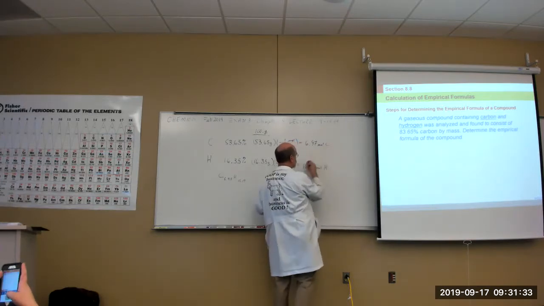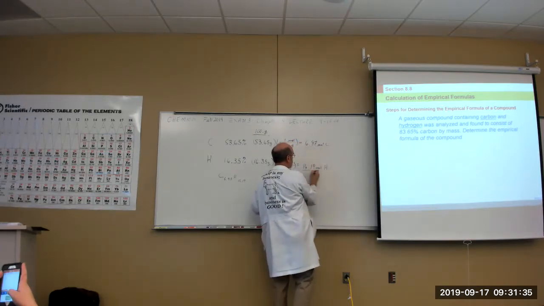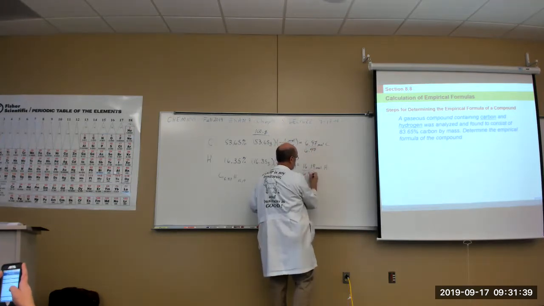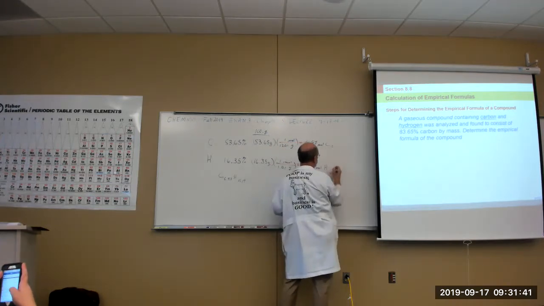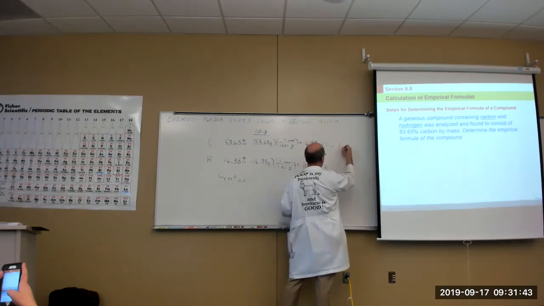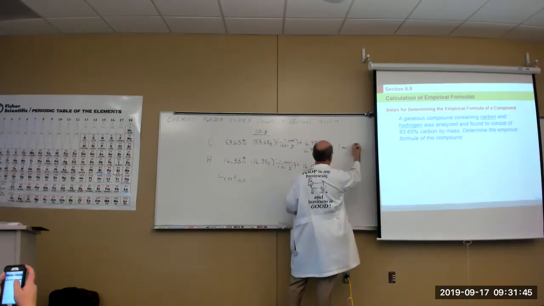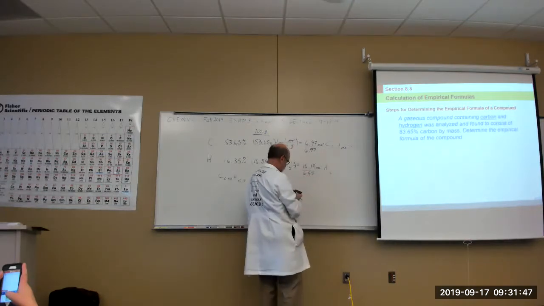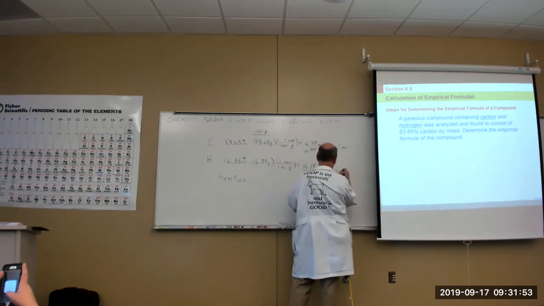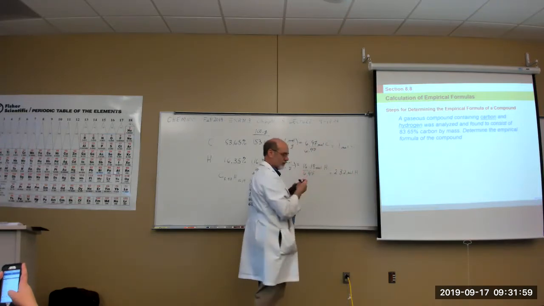So the simplest way is to take the smallest one first and divide it. This one's easy. So that's 1 mole of carbon. This one, 16.19 divided by 6.97, is 2.32 moles of hydrogen. Okay, we're getting there.